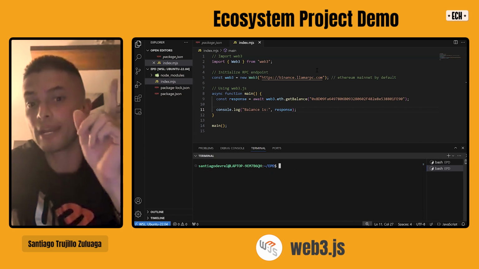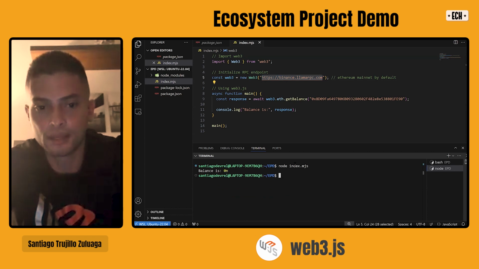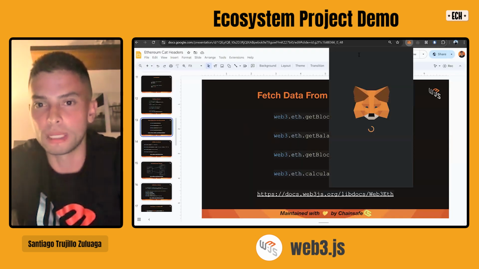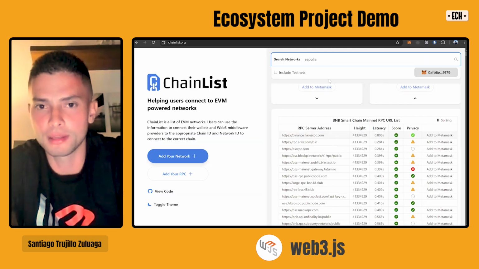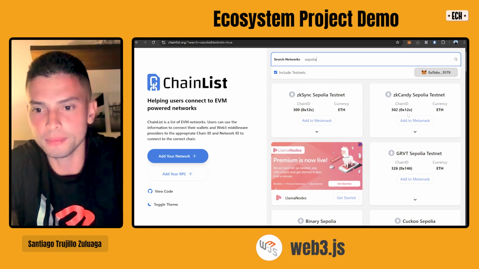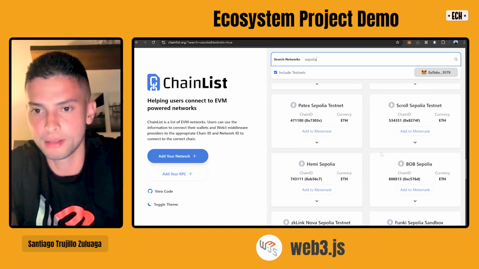Okay, what happened is that right now we are interacting with Binance. So if I send this, my balance in Binance is 0, right? But then if we interact, for example, with Sepolia, because in Sepolia I have some ETH, we will see that we will get a different result for the balance. So let me just get an RPC endpoint for Sepolia.